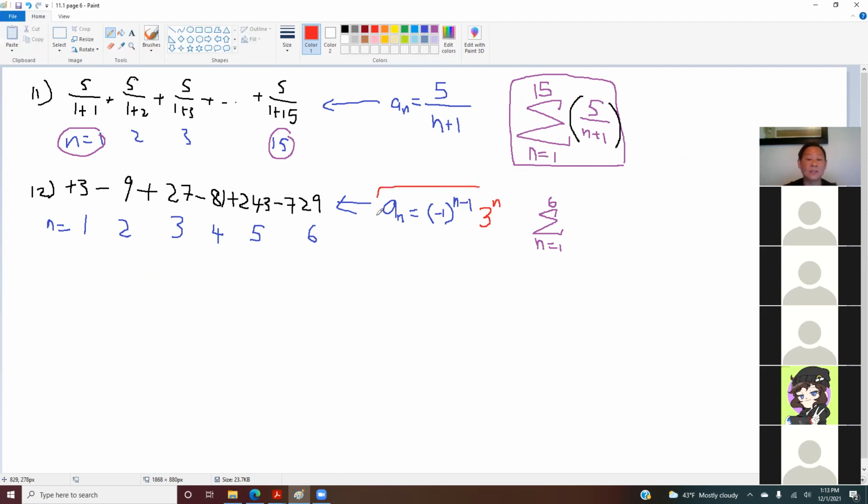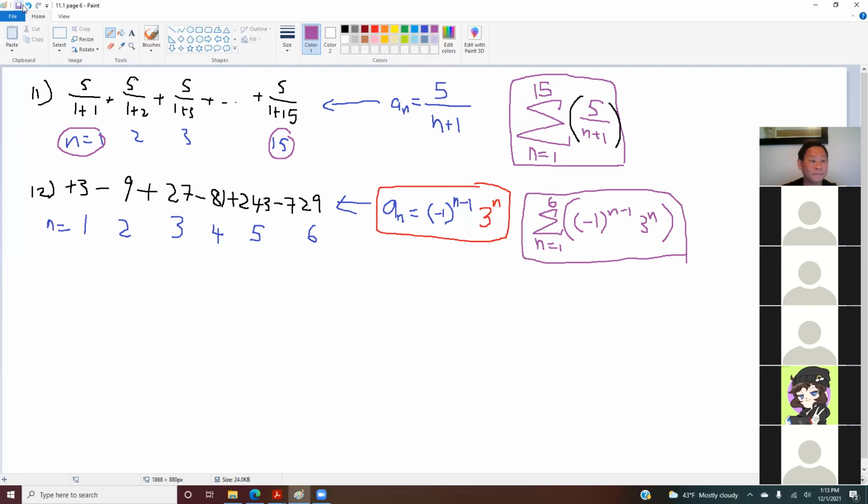So this is your a_n term. The blue one is for your sign, plus, minus, plus, minus, and the red one is for your numbers. So this summation is actually -1 to the n minus 1 times 3 to the n. So this is your answer for question 12.